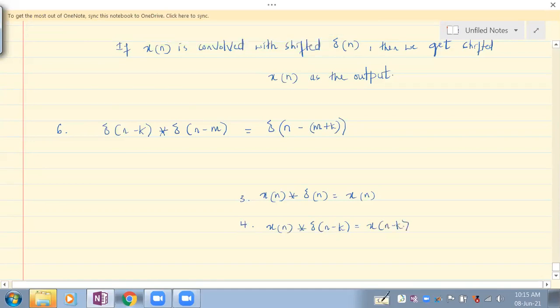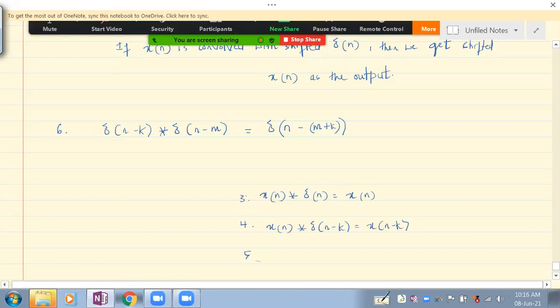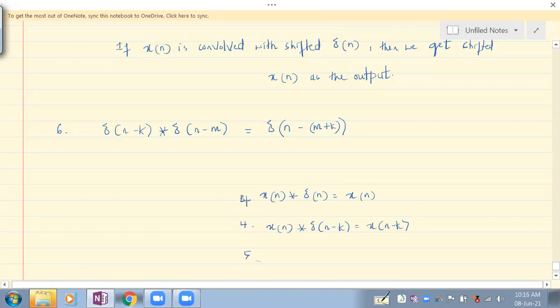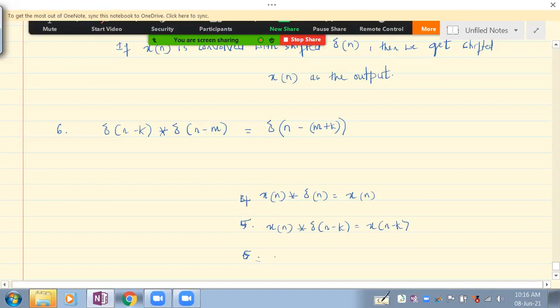We get the x of n, but it would be shifted. This is fifth, and this is sixth, wherein we have two delta of n's, both shifted.